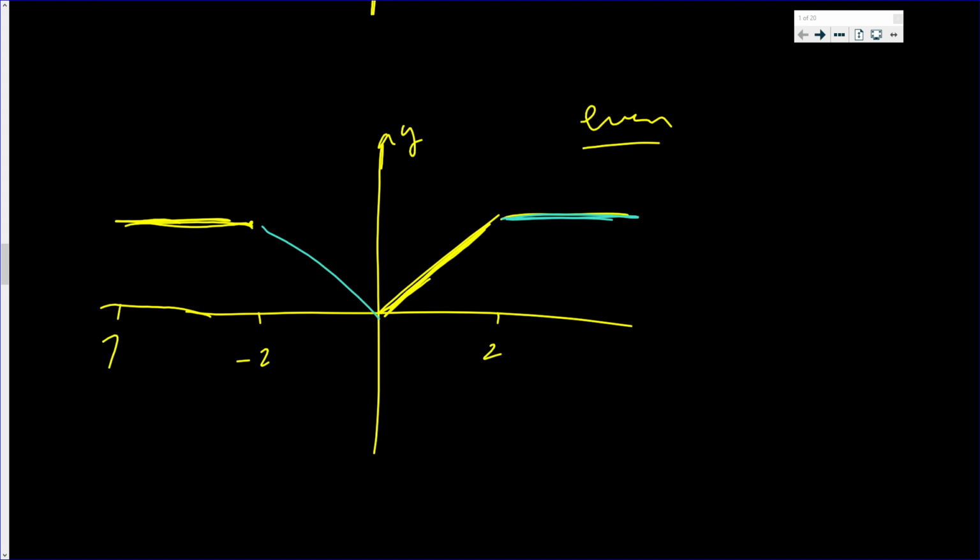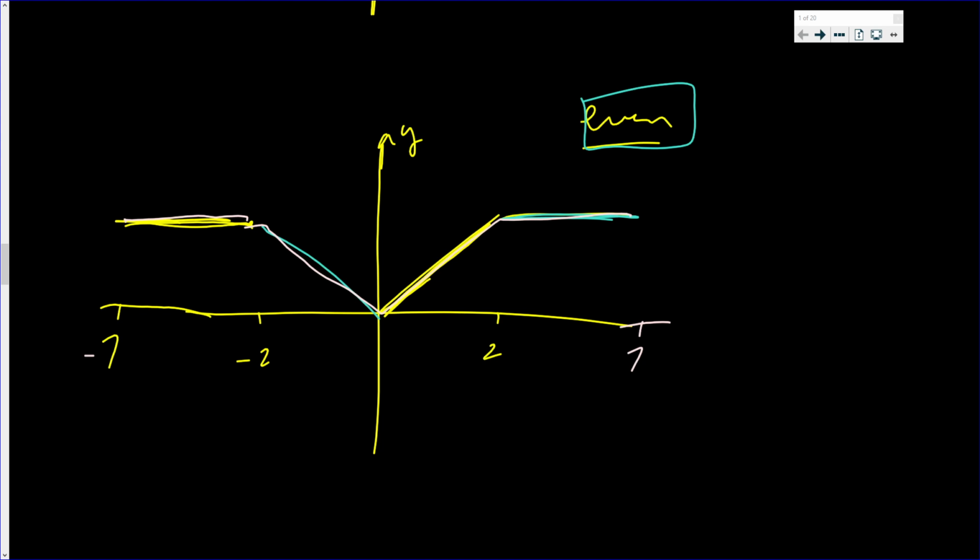And there's the graph. Just given what's in yellow and told that it's an even function, you should be able to come up with the blue piece. So in all, the graph is just that. And of course, this should be 7, and that of course should have been negative 7.